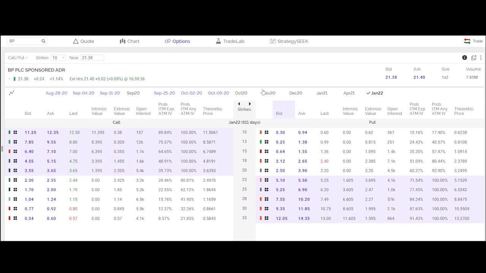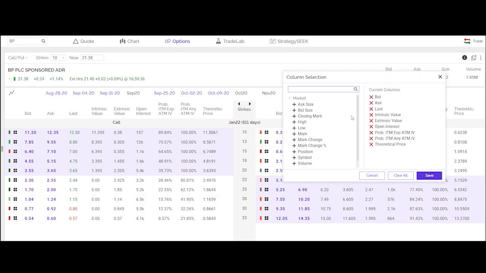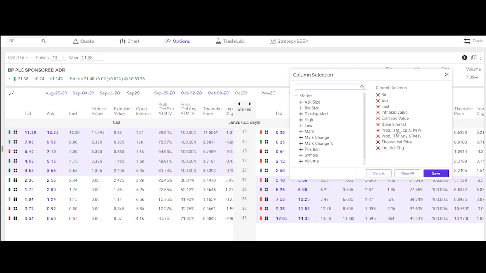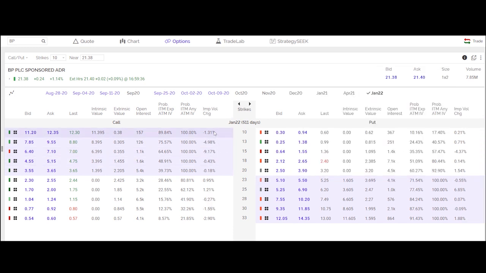You cannot visually see this from here, but if you go in and dig deep and turn some of these on, and you're looking at the implied volatility, say implied volatility change, it changes around. Let's get rid of theoretical price. So you can say here, the higher the implied volatility, the higher the extrinsic value, the higher the price. So that is how a premium price is quoted.